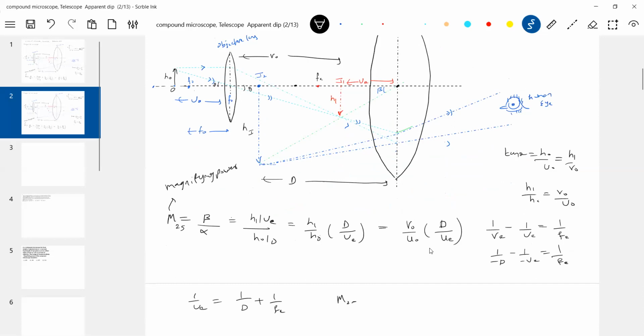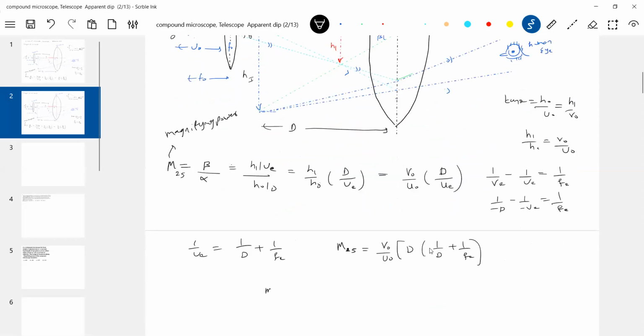So magnifying power when the final image is formed at the distance of least distinct vision is given by V0 by U0 times 1 plus D by FE. So M25 is equal to V0 by U0 times (1 plus D by FE).